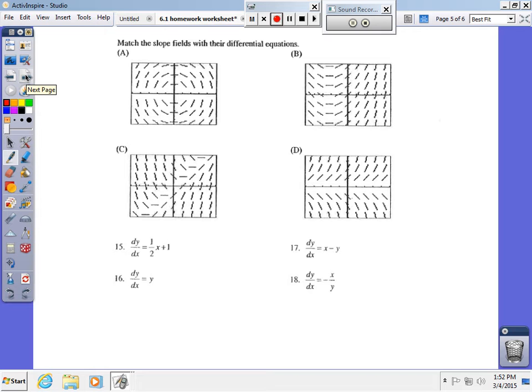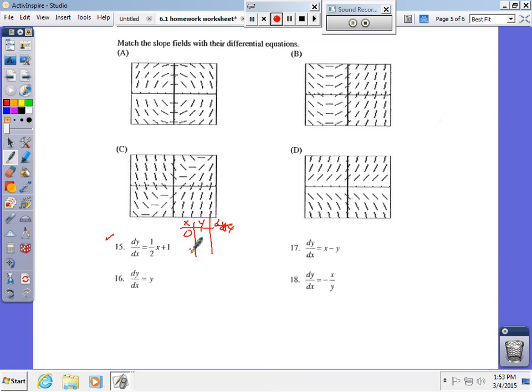All right, now this is a little bit different. They give you the differential, and they want you to match up the differential equation here with its slope field. Now again, for this, I would just pick points for x and y and plug them into my differential and see what I get here, my dy dx.